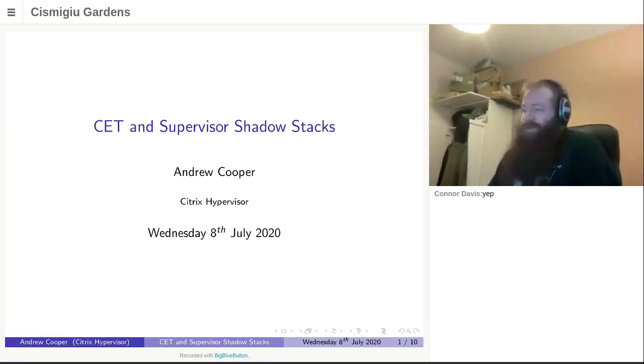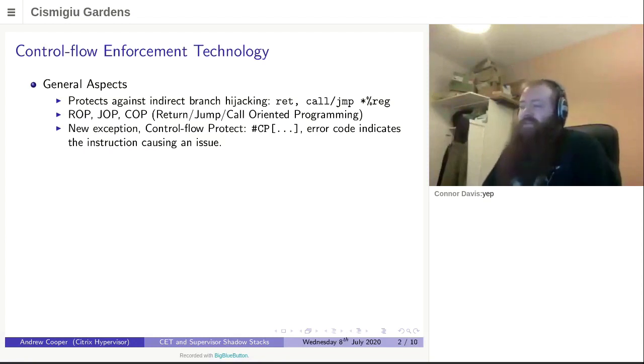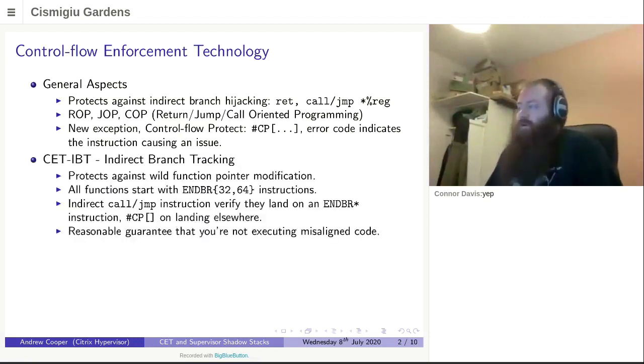This is about control flow enforcement technology, which is a new extension to the x86 architecture to combat return-oriented programming. One common bit is there's a new exception for it that covers faults under the new architecture. There are actually two bits.